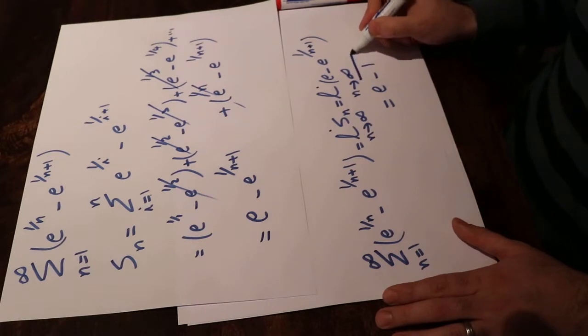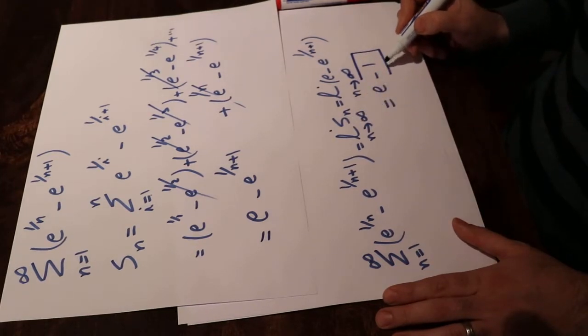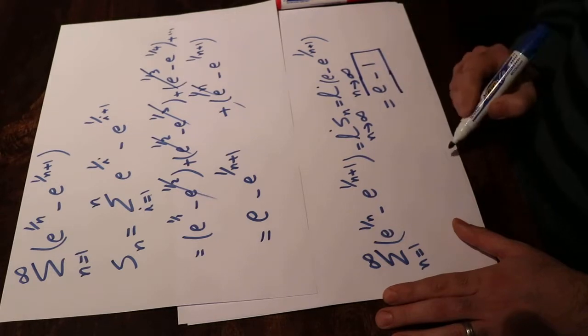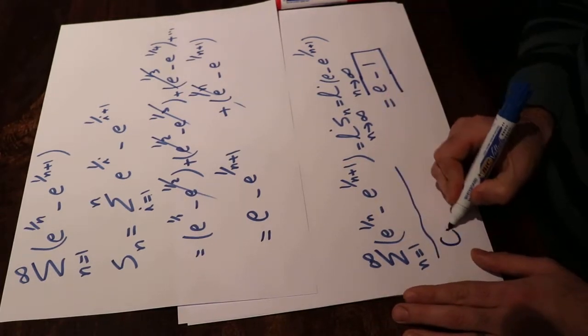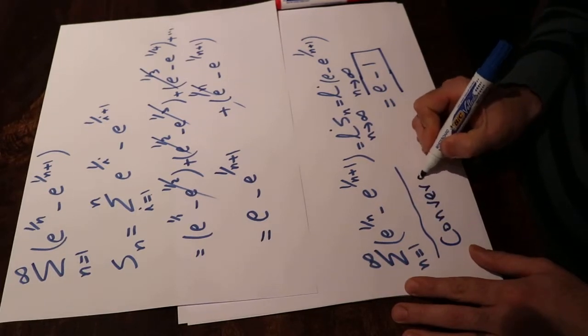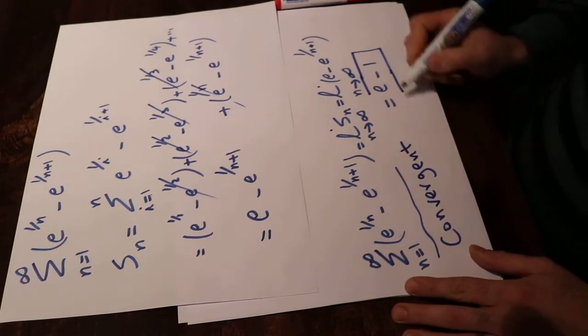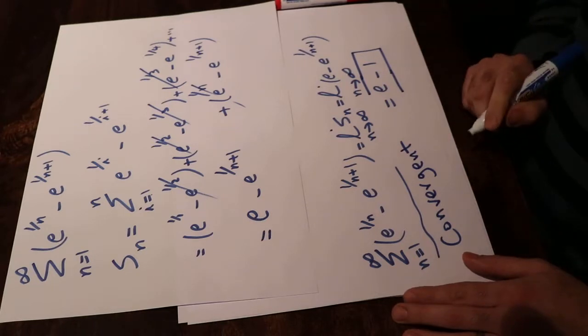Okay, so since this limit exists, that means this series is convergent, and it converges to e minus 1.